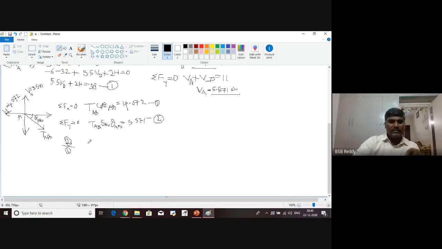Sin theta by cos theta, nothing but tan theta AB, sin by cos, right, is equal to 5.571 divided by 4.072.